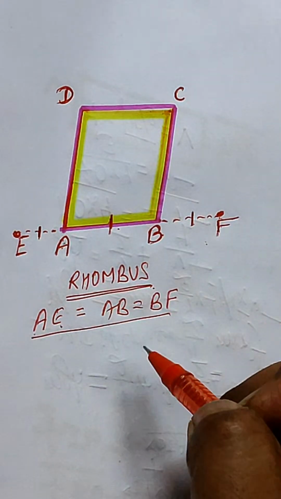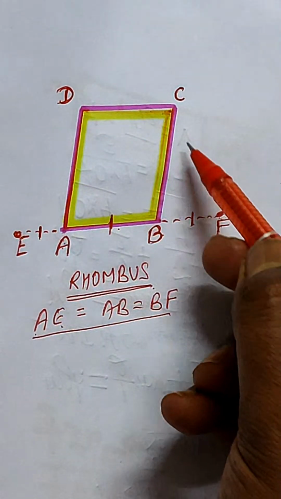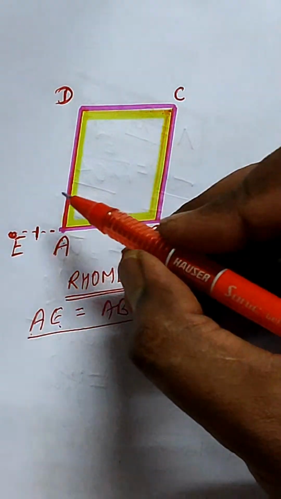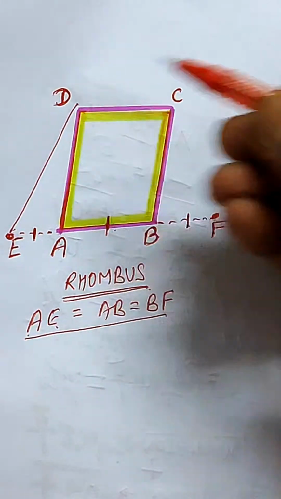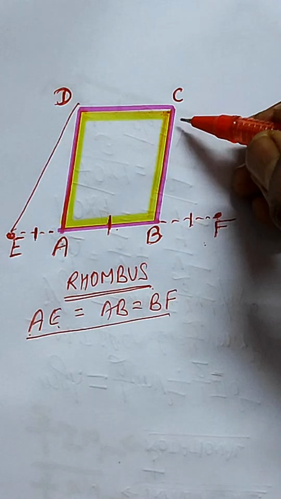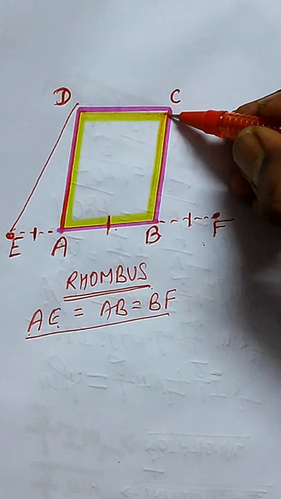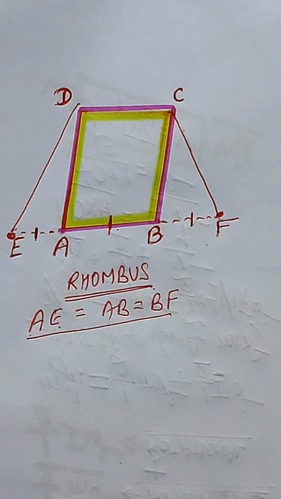Now we need to prove that ED and FC are perpendicular to each other. So basically ED is this line, right? And FC is this line, right? How are they perpendicular to each other?